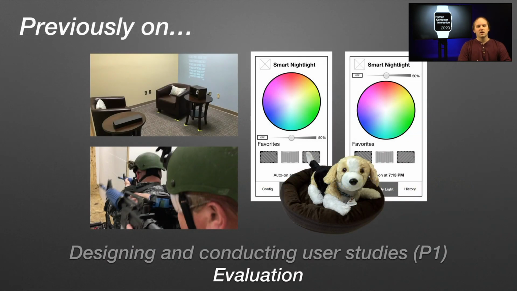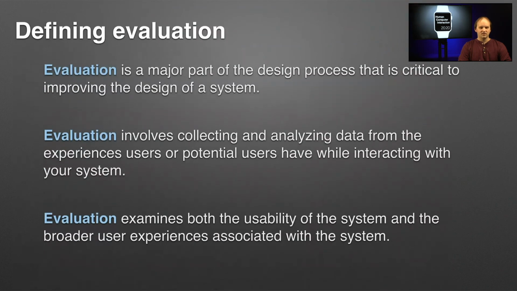So last time we talked about the first part of designing and conducting user studies, what we decided to call evaluation. And we talked about evaluation being a major part of design in terms of its feedback, and it gives you a signal as a designer, as an engineer, on what's working, what's not working in your system, what might need to change, and how you can improve it.